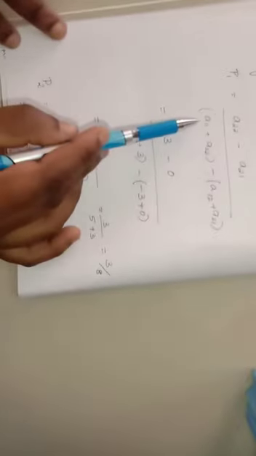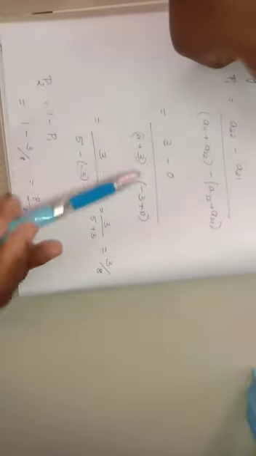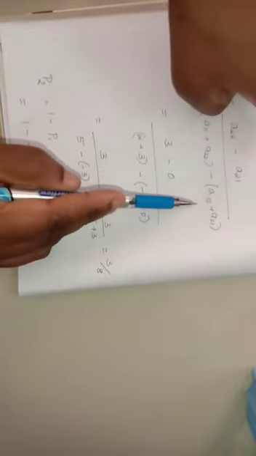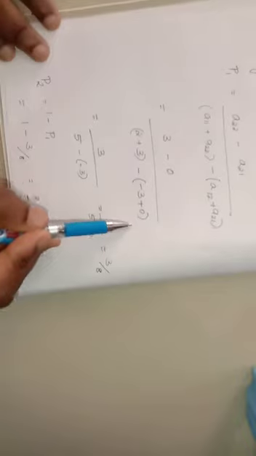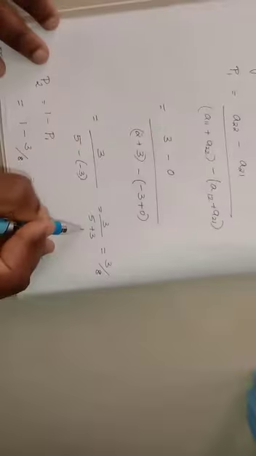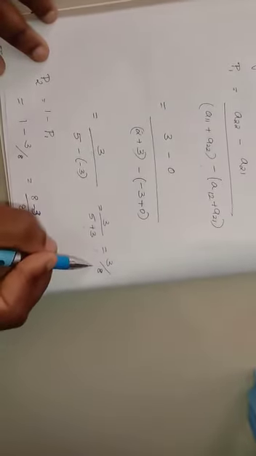Next, in the denominator A11 is 2, A22 is 3, so 2 plus 3 will give you 5. Then A12 value is minus 3 and A21 value is 0, so minus 3 plus 0 will give you minus 3. Minus of minus 3 will give you plus. Minus into minus will give you plus. So 3 divided by 5 plus 3 will give you 3 by 8.